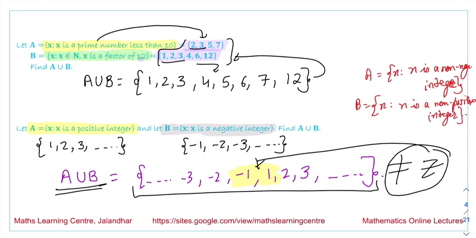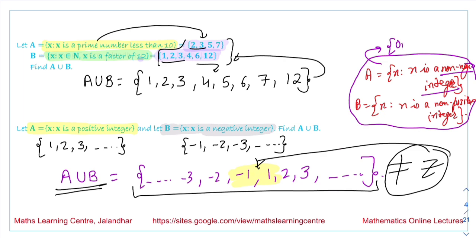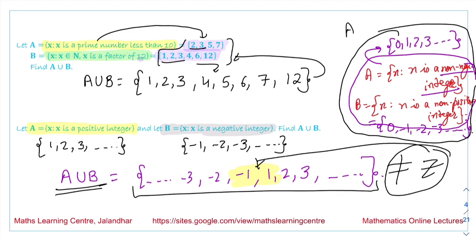In this case, the set A is the non-negative integers, which means 0, 1, 2, 3 and so on. The set B will be 0, -1, -2, -3 and so on. These are non-positive integers. And the union of these two sets, A union B, will be the set of integers, because now 0 is included over here. So all the elements of the set are covered over here.